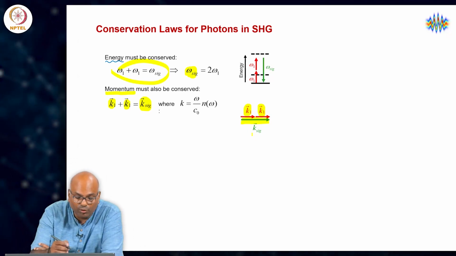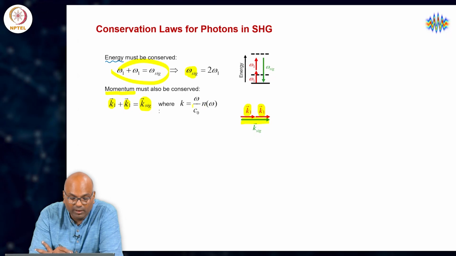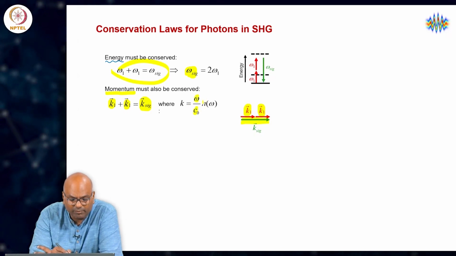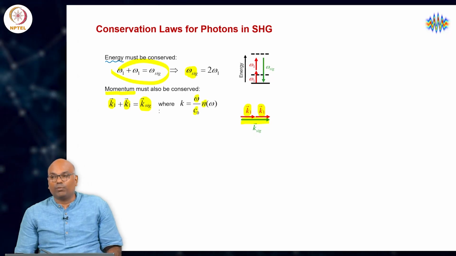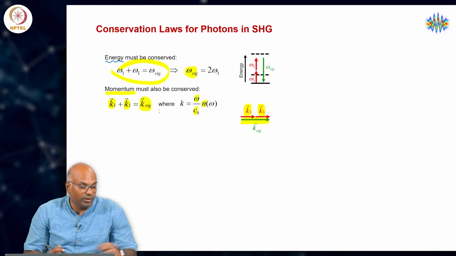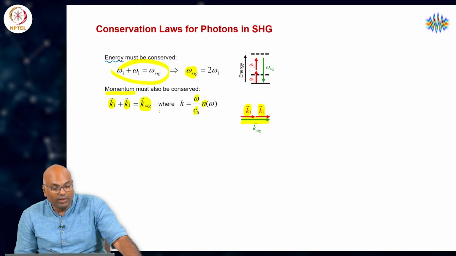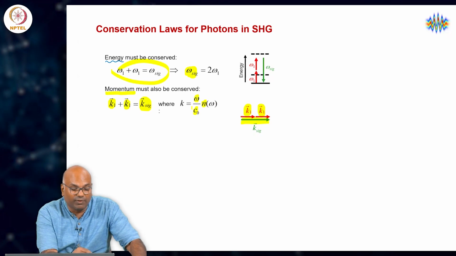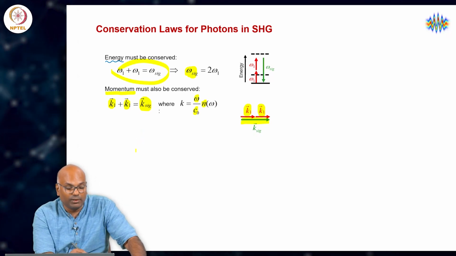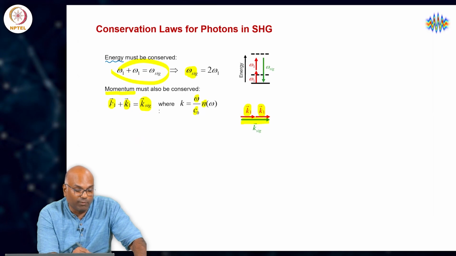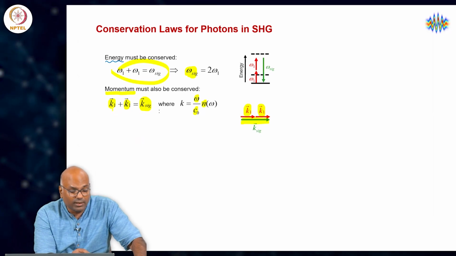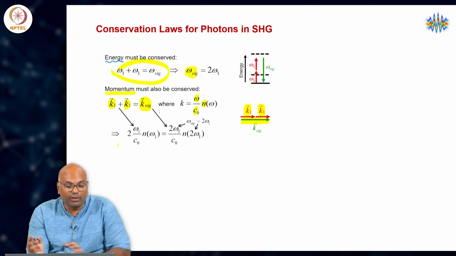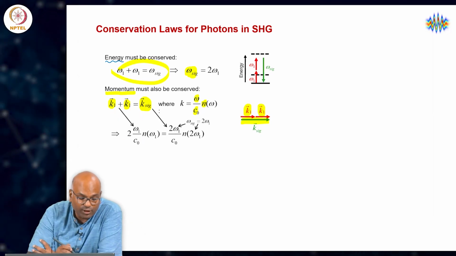Now, the magnitude of the vector k 1 is omega by c naught multiplied by n at the frequency omega, it is n omega by c naught, right. So, since both the k 1s are parallel to k signal, we can write these equations in terms of the magnitudes of these vectors.